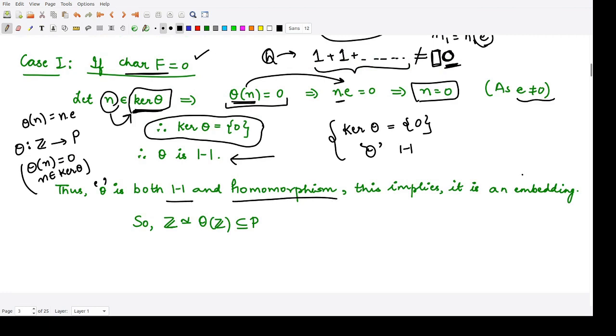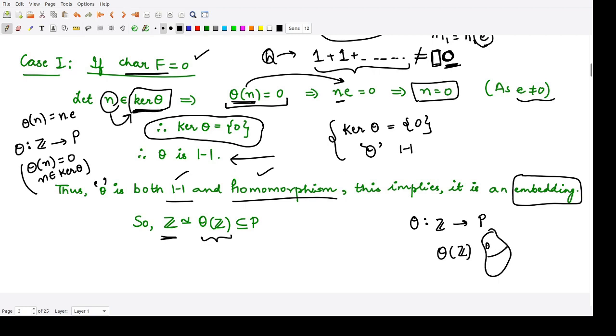By definition this is an embedding, because we call any mapping which is 1-1 and a homomorphism an embedding. So theta was defined from Z to P. What would be the image of this mapping? It would be theta of Z, right? So we would say Z is isomorphic to the image of Z, and the image of Z is present in this set P. This is what we have shown. Say this is equation number 1.